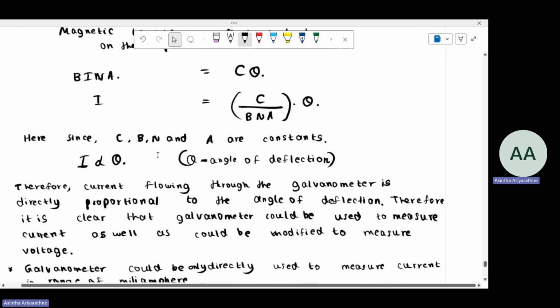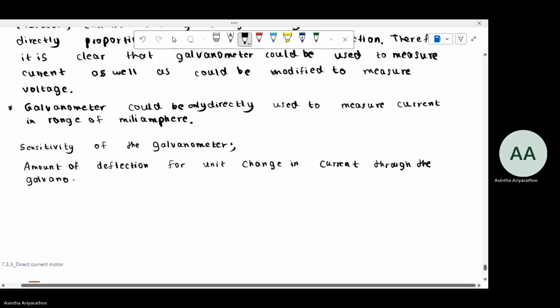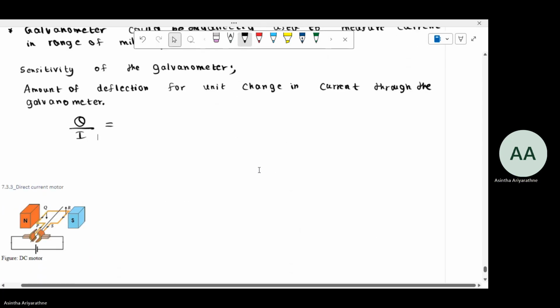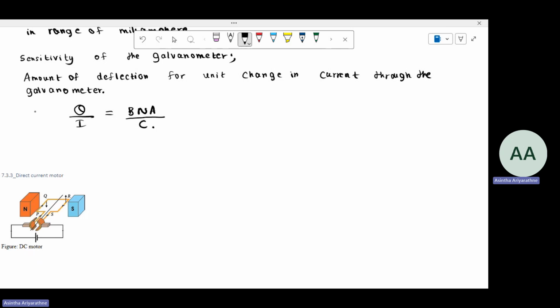Sensitivity is the amount of deflection per unit change in current through the galvanometer. Theta over I is BNA over C.